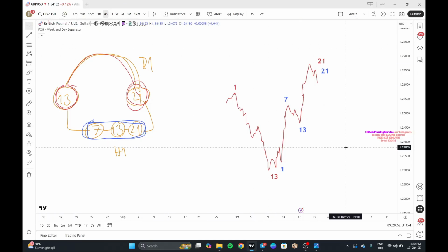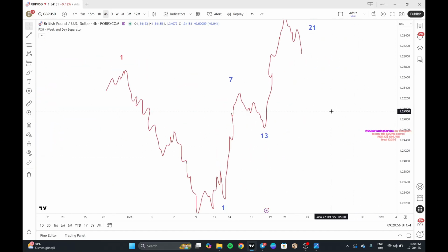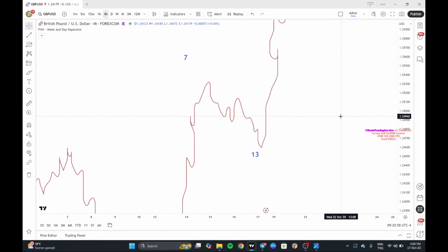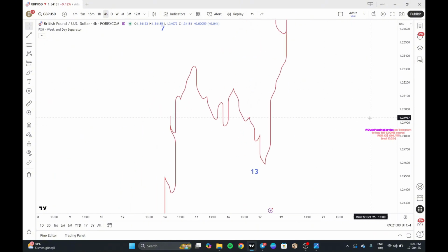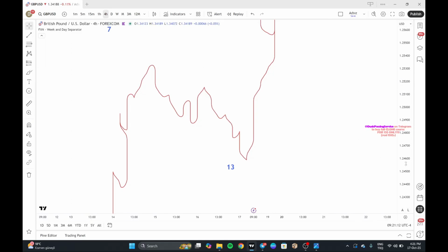But you know, time and price is completely fractal, so you can zoom in and say that this point is a reversal too. Yes, this point is a reversal too. If you change your perspective, this is how you should be thinking.